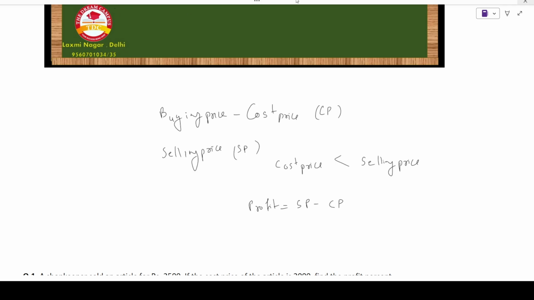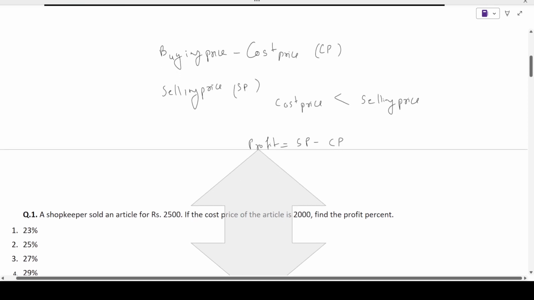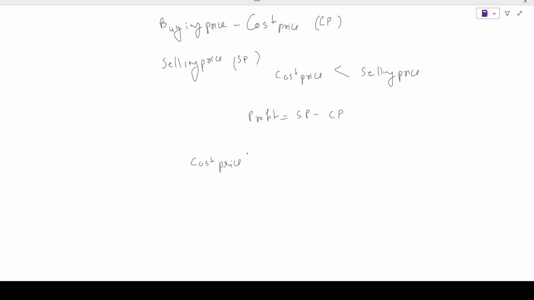In a similar manner, if the selling price is less than cost price, there will be loss, and loss will be equal to cost price minus selling price.